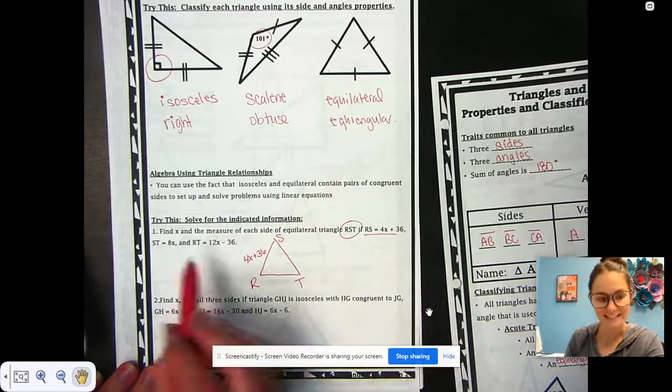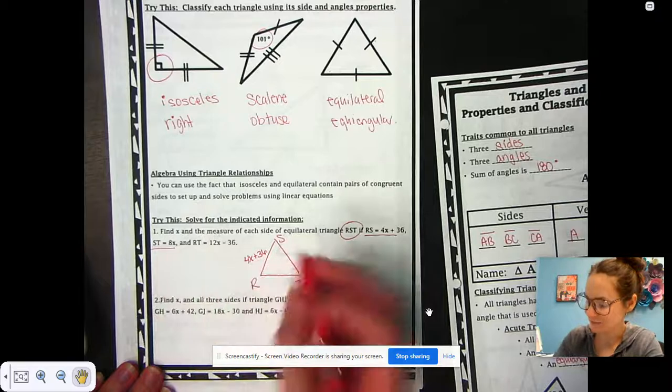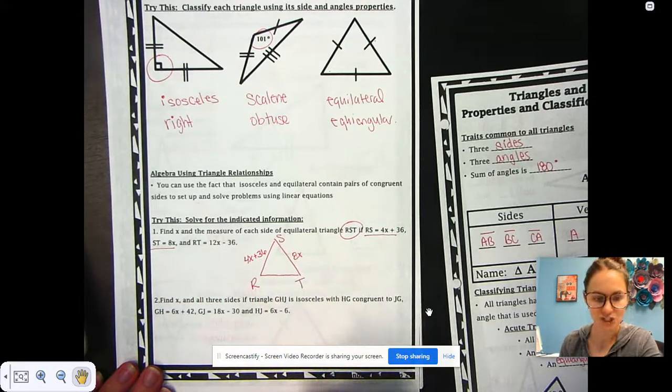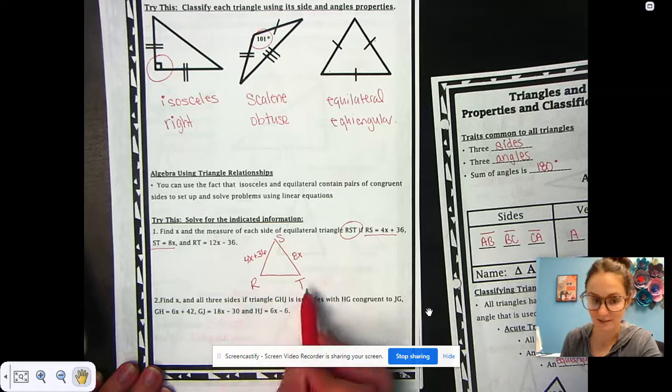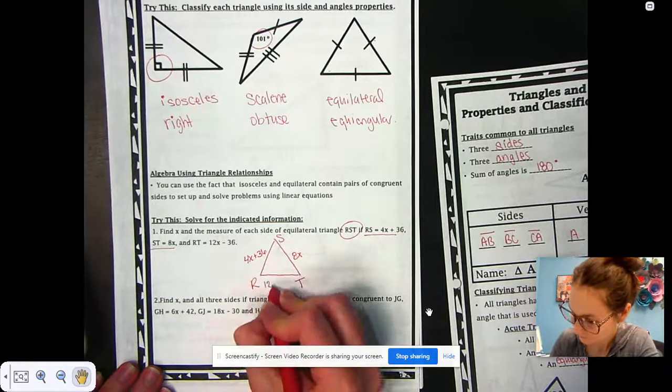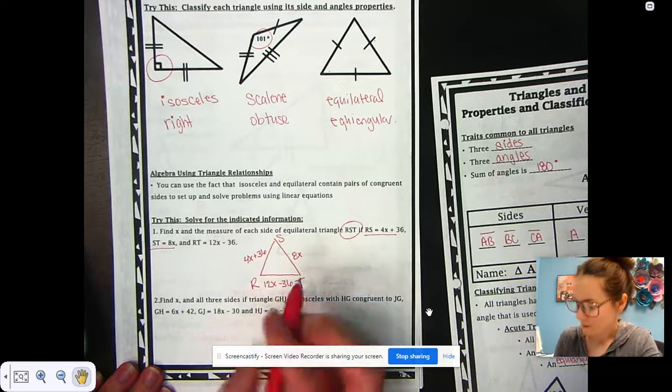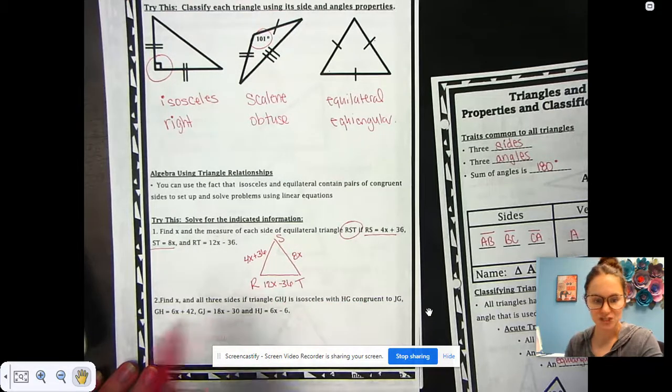Then it tells me ST is 8x right here. Okay, and RT is 12x minus 36. That's this side here.